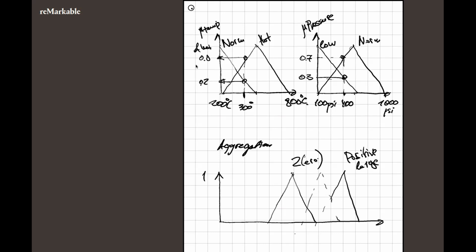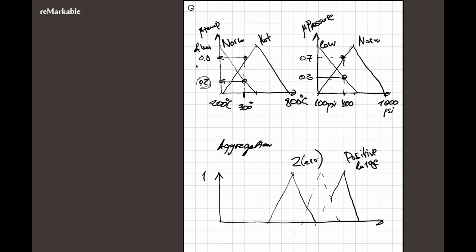So here we simply map. We apply this for different rules and use these scores to reflect the area of the activation.